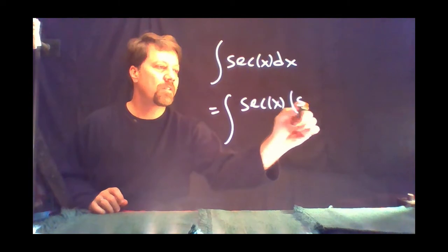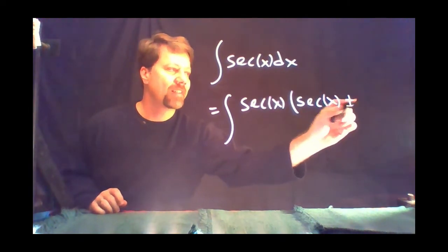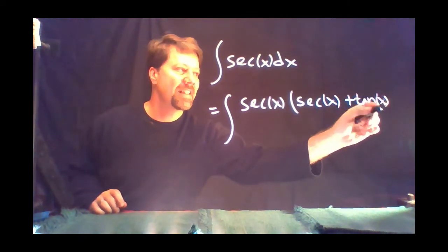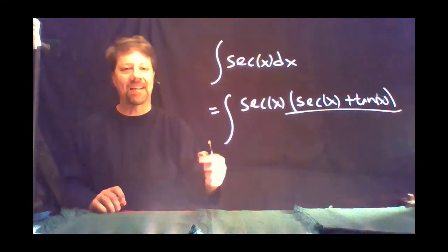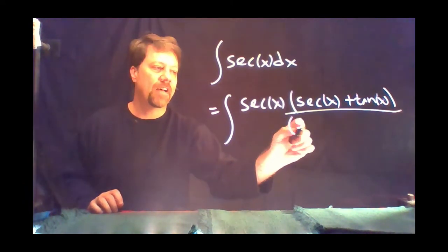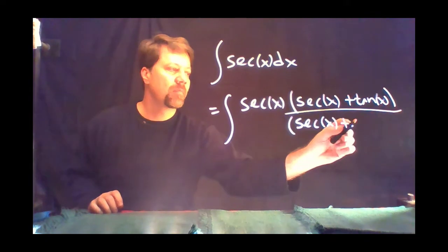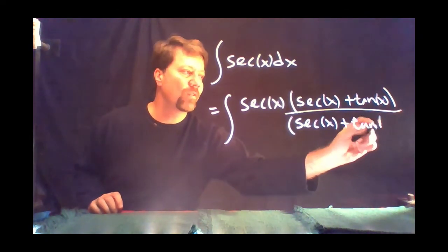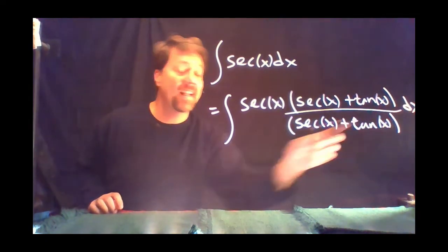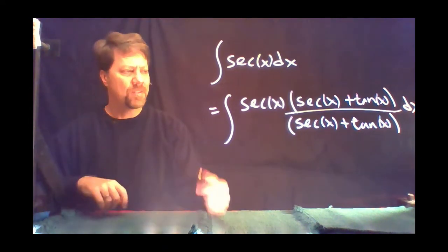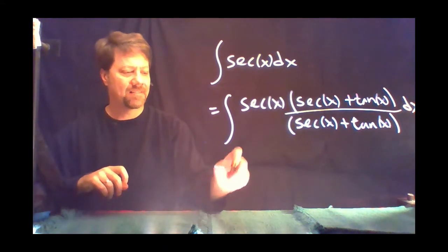He needed to multiply by secant of x plus tangent of x, but you can't just do that because that changes the value of the integrand. But if you multiply by something that's equivalent to 1, that is permissible. So what good is that?